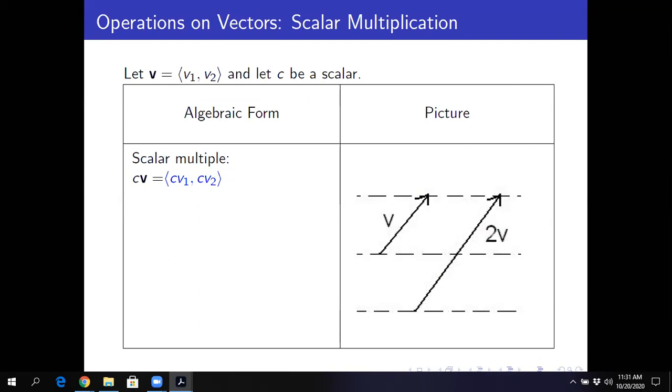So if I'm multiplying by 2, the x displacement, whatever it was before, is going to be doubled, and the y displacement will be doubled. I have drawn this picture to illustrate that. You can almost imagine this is like 2 copies of the vector v. Do you see what I'm saying? Kind of stacked end to end. There's v, and there's v again right there.